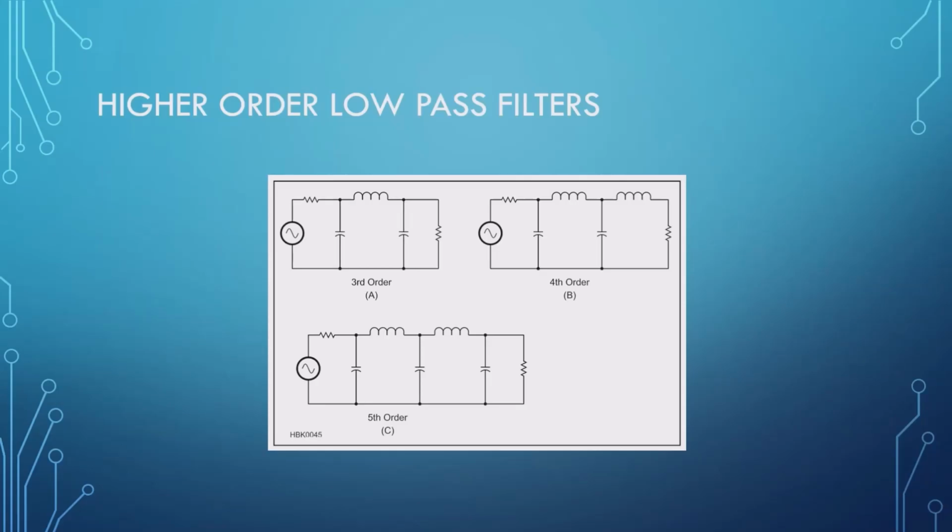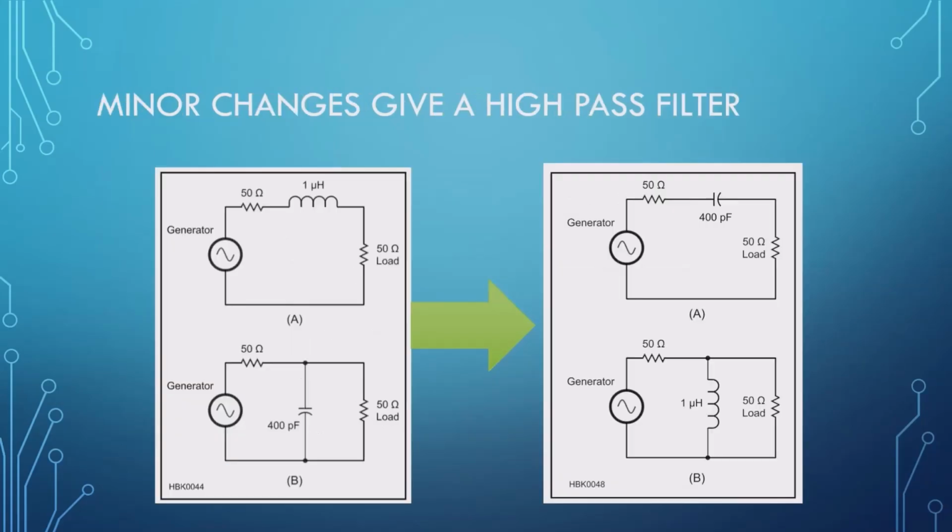And what we can do for a high pass is make changes in our low pass filter and turn it into a high pass filter by replacing the component with a capacitor.